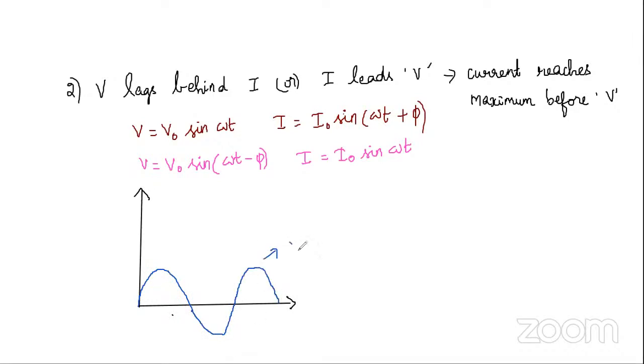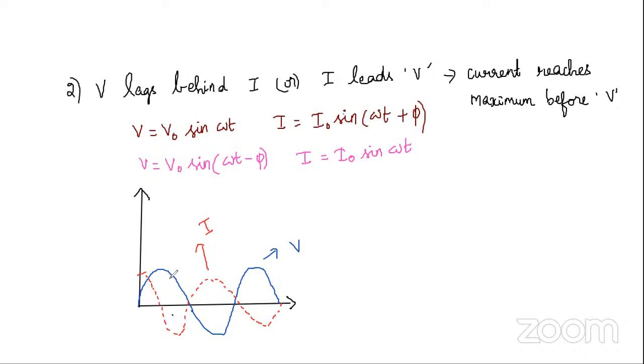So this is voltage. And what about current? In this case, the current actually follows this pattern. Here you see the current starts from maximum. At that point, the voltage starts from 0. So current reaches maximum before voltage.